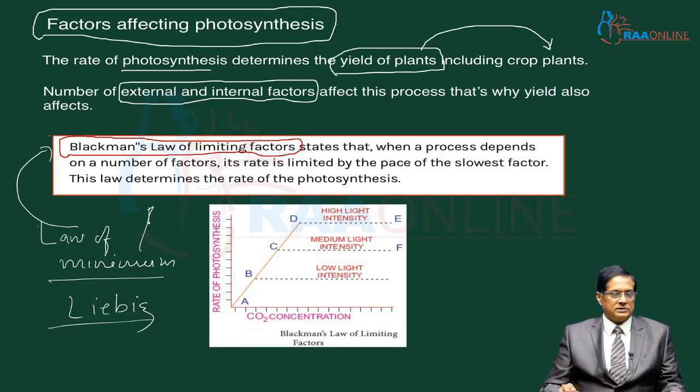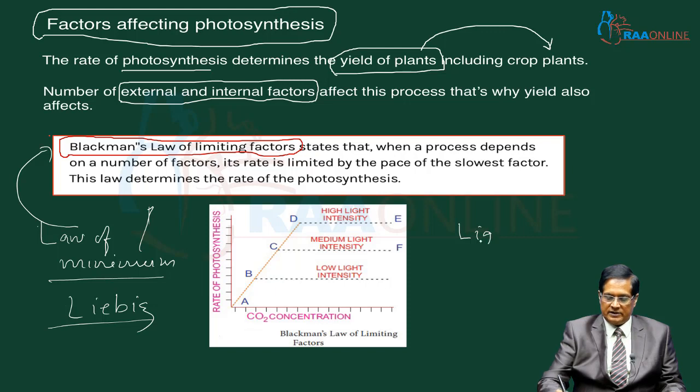According to this law, suppose a process is affected by a number of factors. For example, photosynthesis is affected by light, factor 1, by temperature, factor 2, and by the carbon dioxide concentration.